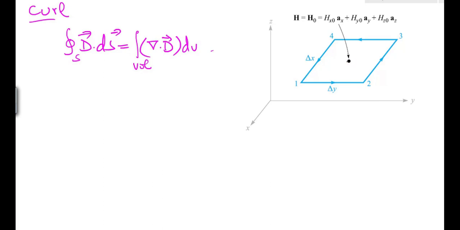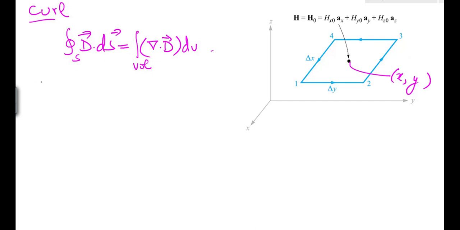We say that the coordinates of the center are, let's say, x and y. So this is the closed path around which we will apply the Ampere Circuit Law and obtain some important relations.